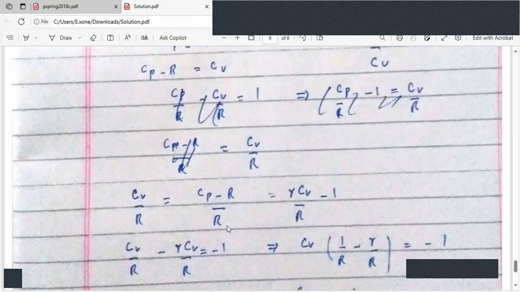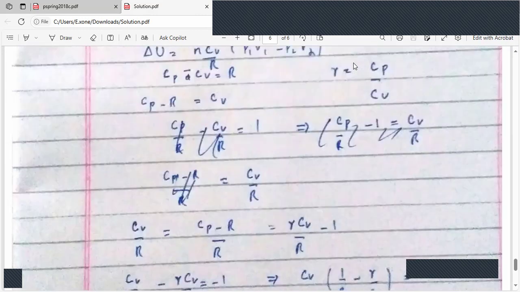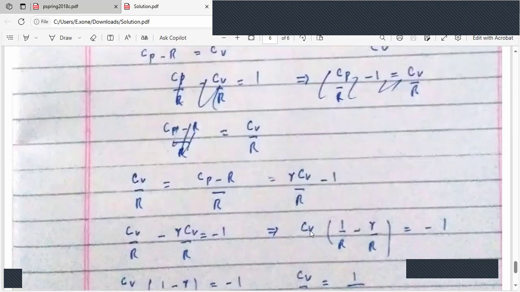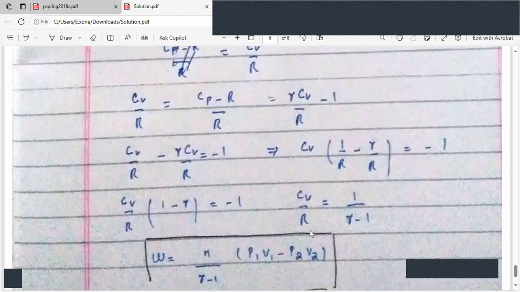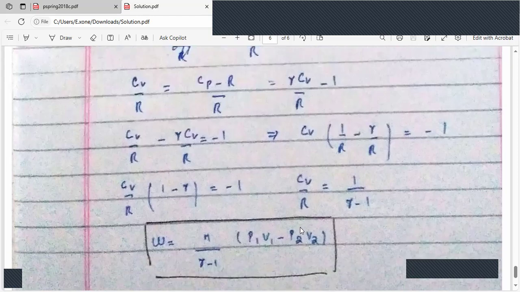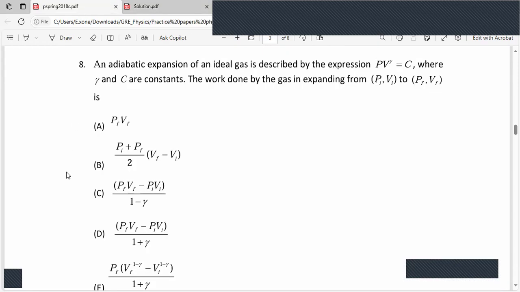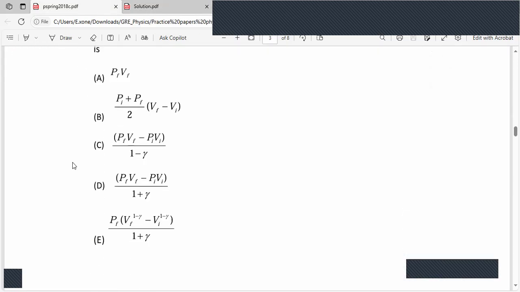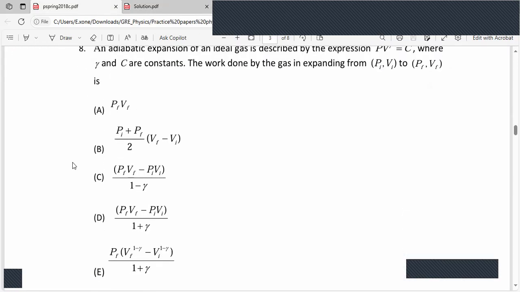Simplifying this result and using the expression for gamma, we could find Cv quite easily, and the final answer is this. So in that case, the answer is going to have gamma minus 1 in the denominator.